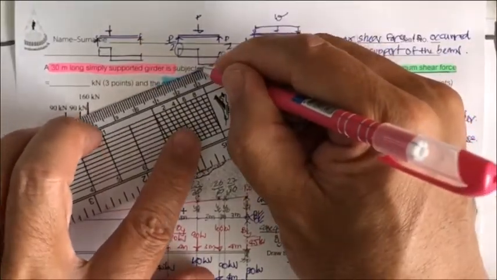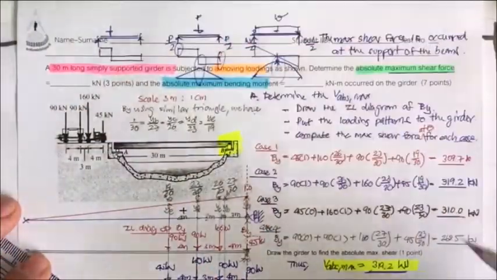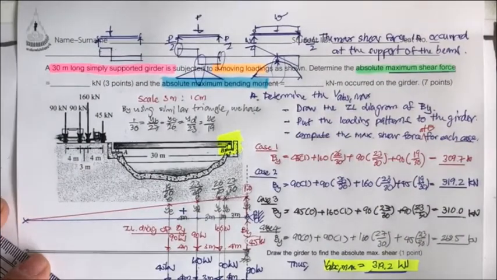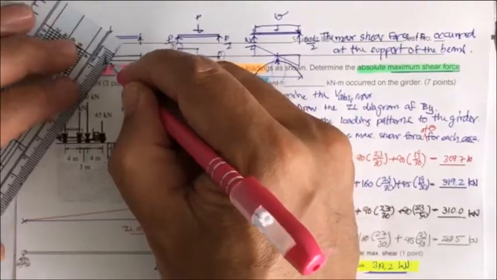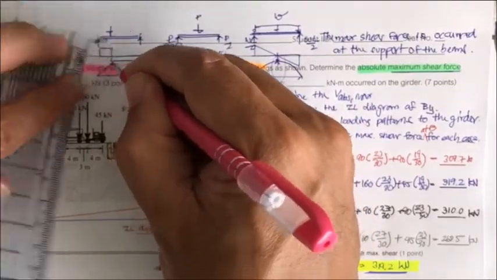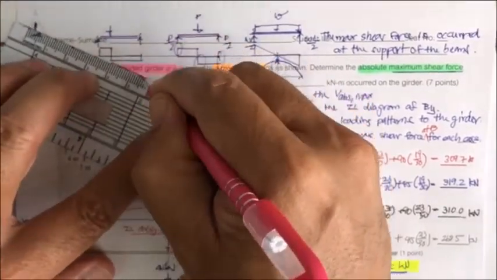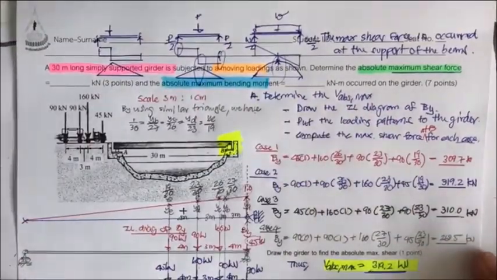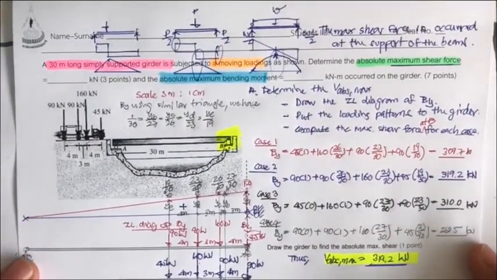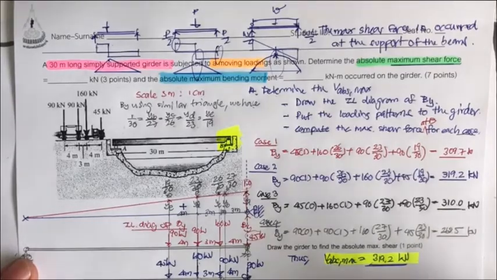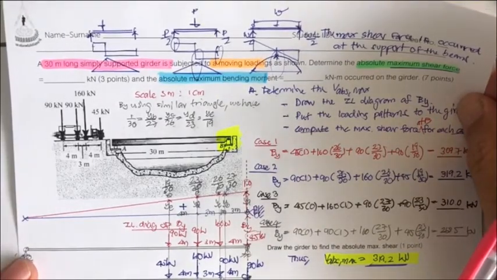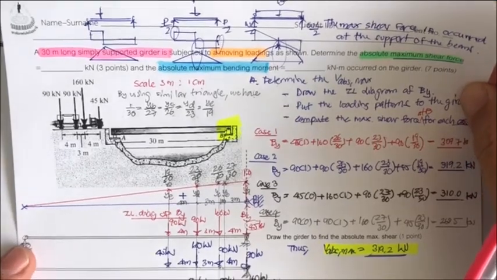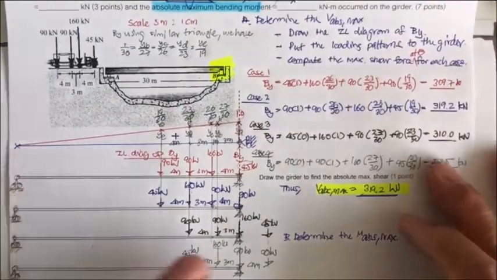Again, the maximum moment is going to occur near the center. Okay, but for this one, since the force just moves anyway, the maximum is going to be in this portion. So you can see that by considering the simple beam, the maximum moment most of the time occurs in the area near the center of the beam.